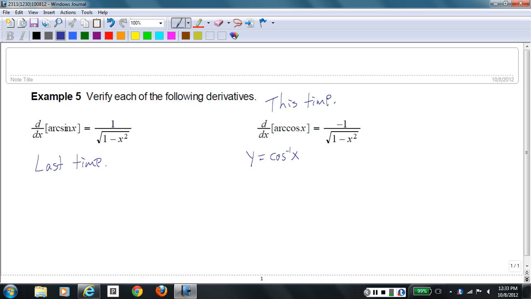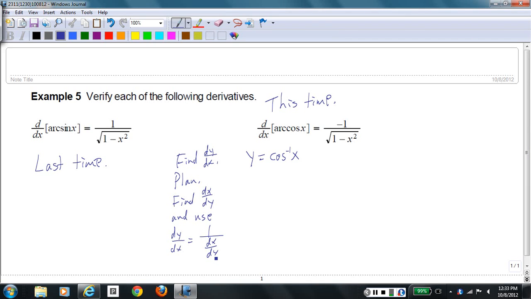We want dy dx. The plan is to find dx dy and use the fact that dy dx is actually the reciprocal of dx dy.